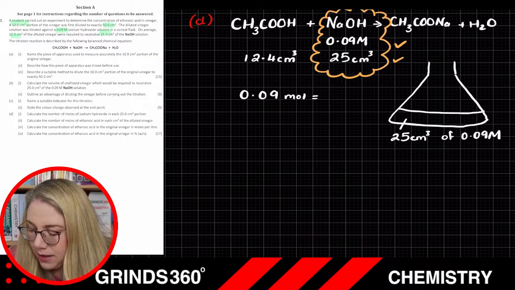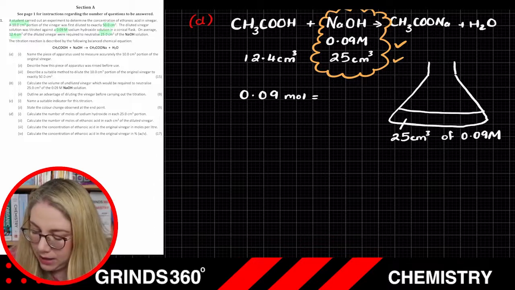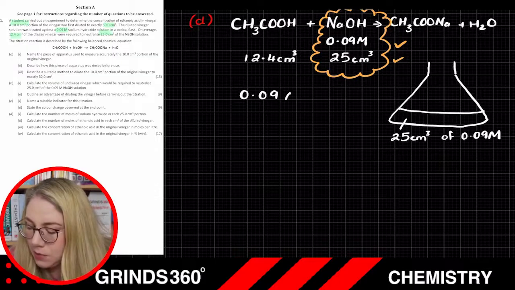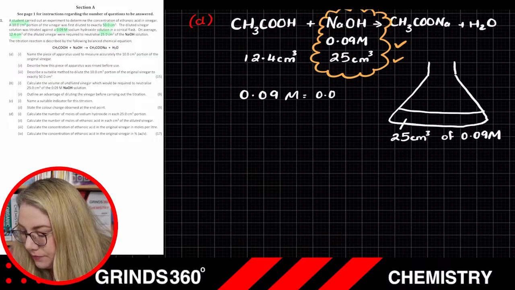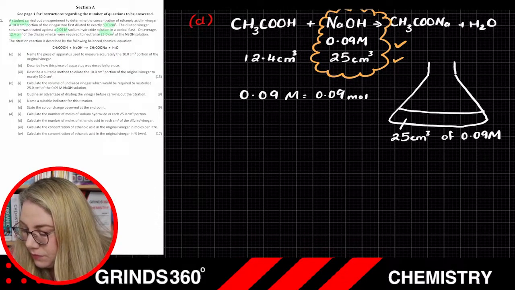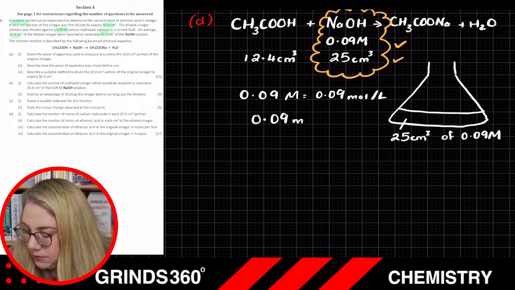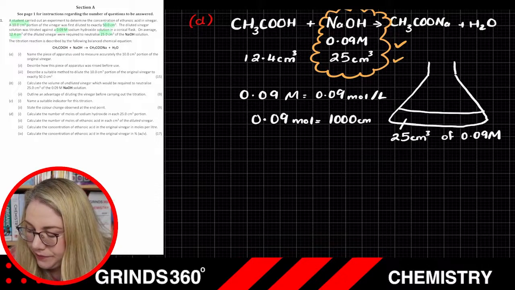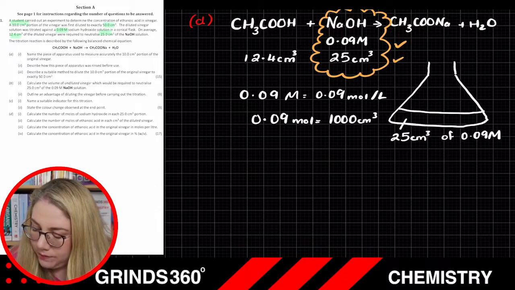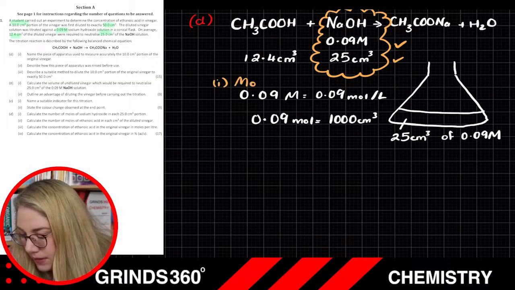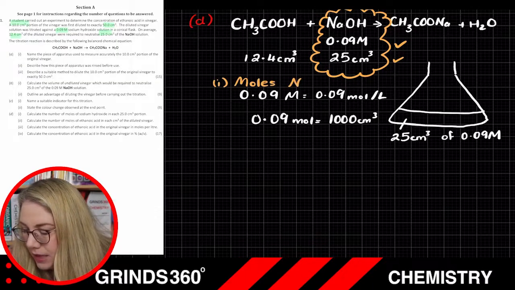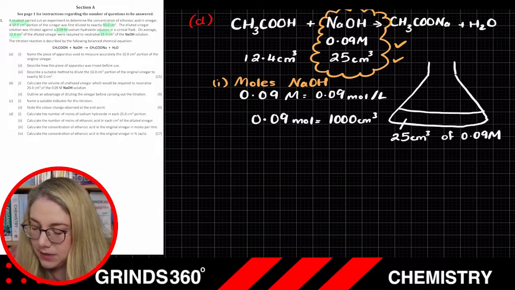That's how many moles are in a litre, because 0.09 molar, capital M, stands for moles per litre. So I have 0.09 moles of solute in a litre of solution.